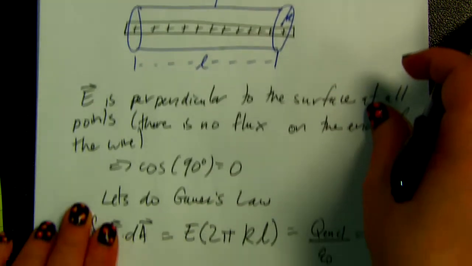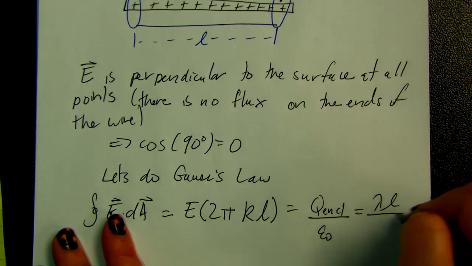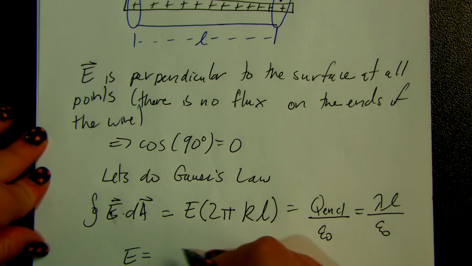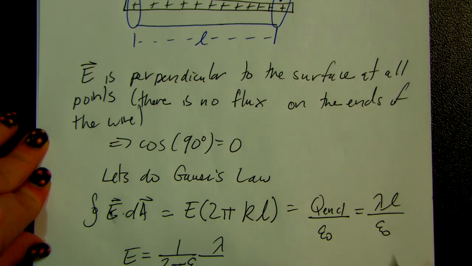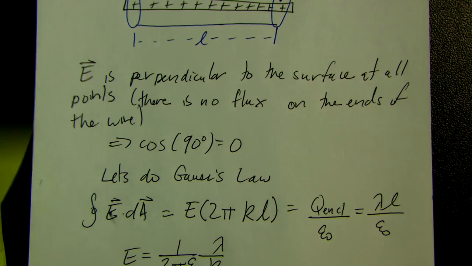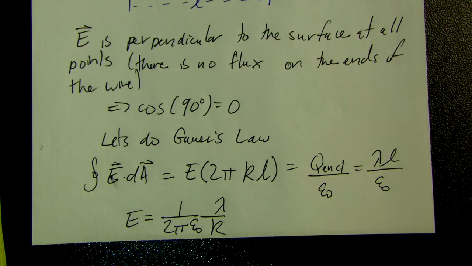So let's go ahead and sub that in for Q enclosed. We have lambda L over epsilon naught, and solving for E, we get E is equal to 1 over 2 pi epsilon naught times lambda over R. All right, so these are the games that you play with Gauss's law.